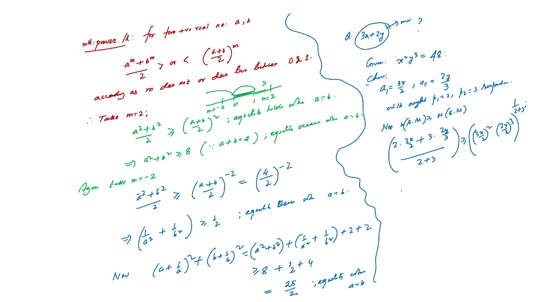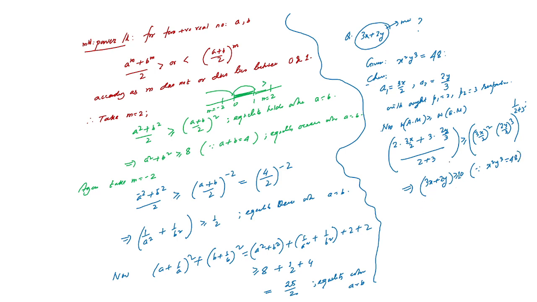Now from this you can prove 3x plus 2y is greater than or equal to 10, just by simple calculation, putting the value x square y cube equals 48.